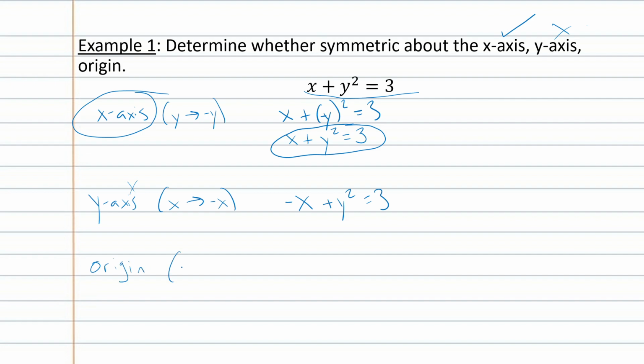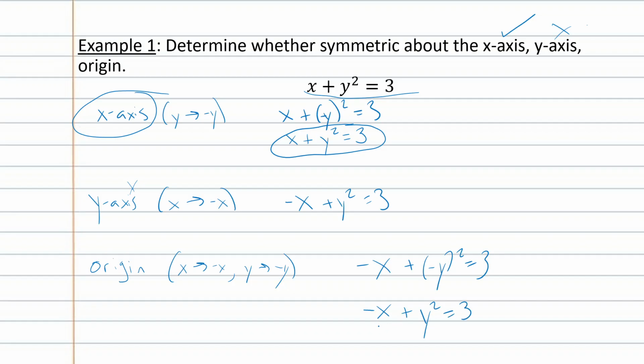Now for the origin, you have to replace x with negative x and y with negative y and see if it simplifies back down to the original. So here it would be negative x plus negative y squared equals 3. Now the negative x does not simplify, but the negative on the y here does, because negative 1 squared is positive 1, so negative y squared is positive y squared.